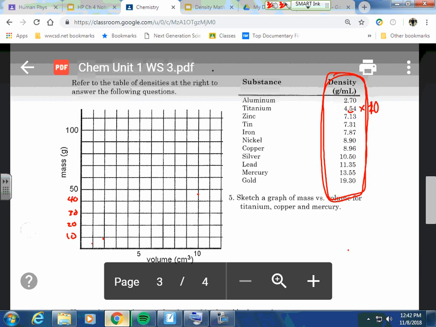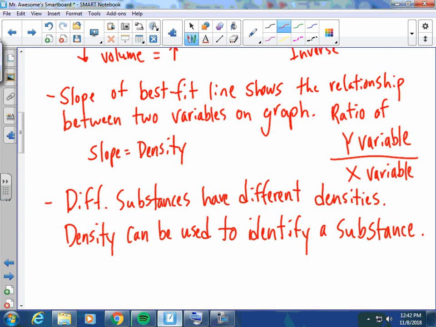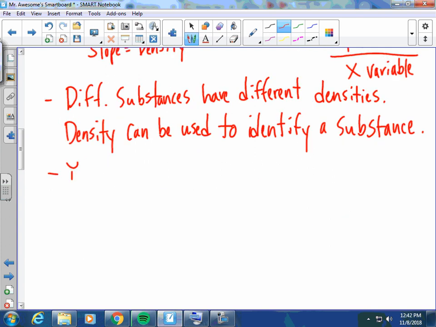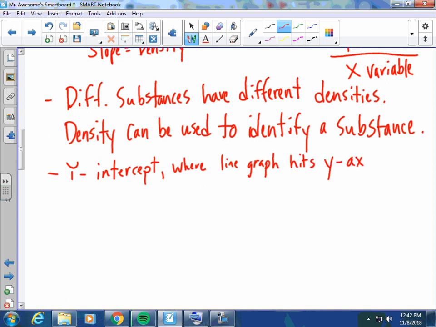Now let's talk about what we call the y-intercept. The y-intercept is where the line that you graph hits the y-axis.